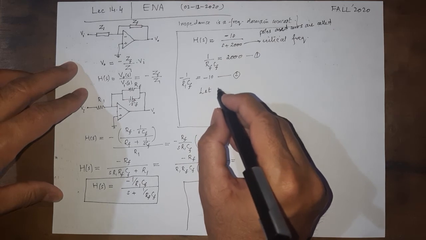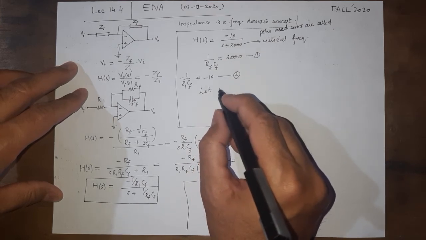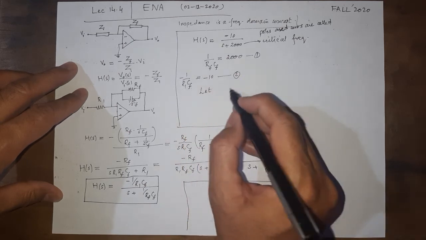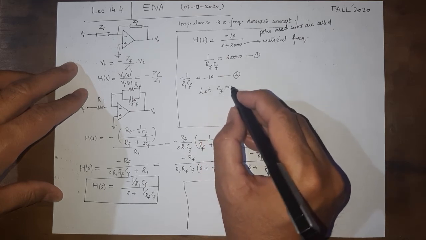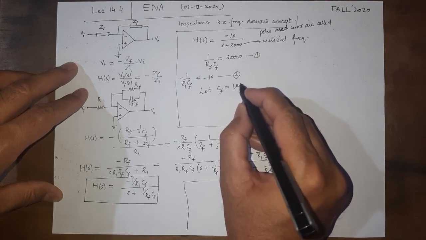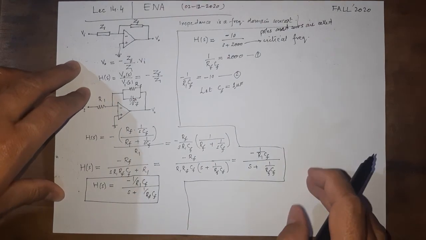We have two equations, three unknowns, so we assume one of the values. We can assume any, R1 or RF, but I choose to assume CF. Let us say I am going to use a capacitor of 1 microfarad, which is easily available.